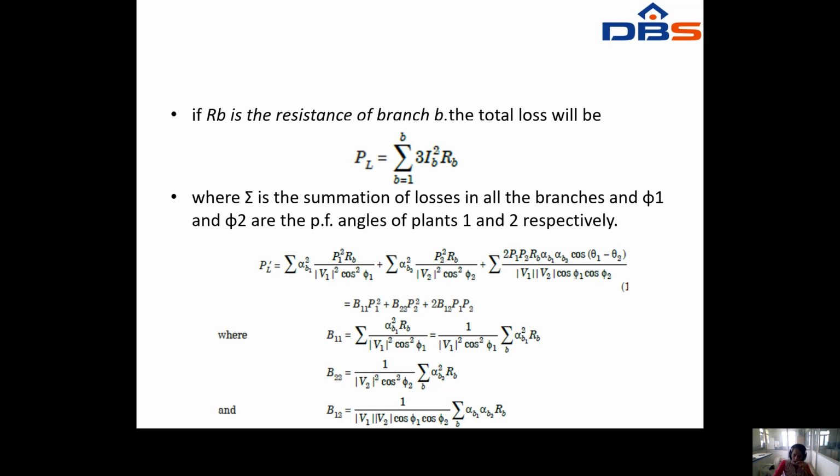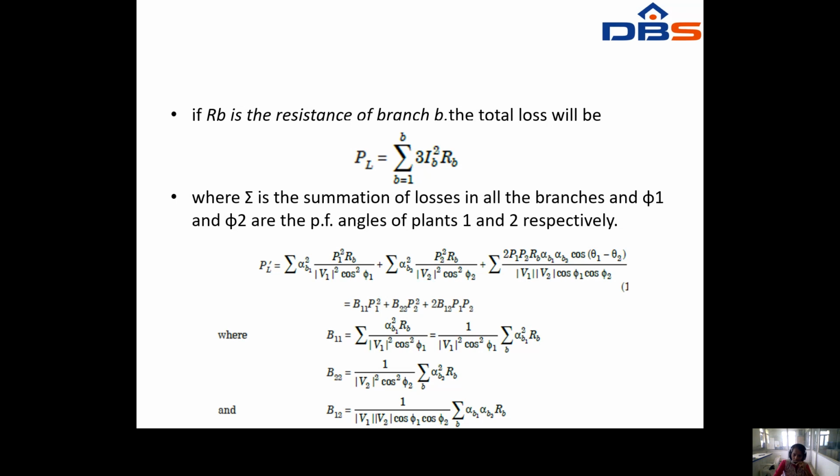When we simplify this, we get B11 P1 square plus B22 P2 square plus 2 B12 P1 P2. Here B11 equals sigma of alpha B1 square RB by V1 square cos square phi 1, that is, 1 by V1 square cos square phi 1 times sigma of alpha B1 square RB.